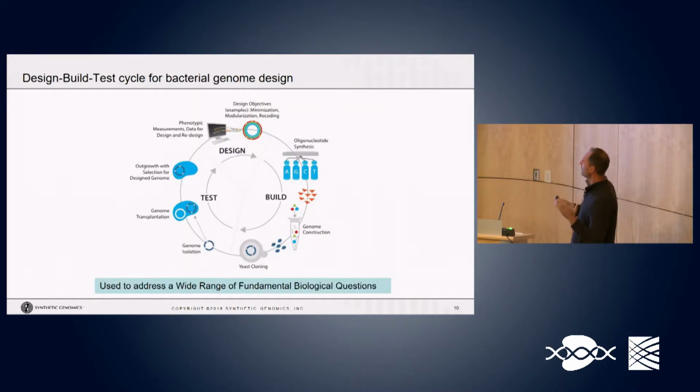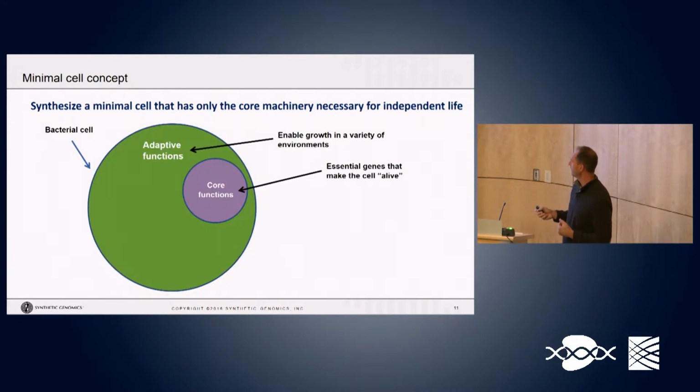But what this work did give us was this whole design, build, test cycle at the whole genome level, where we could now, with our genome synthesis and activation technologies, start testing numerous design objectives and begin addressing a wide range of fundamental biological questions.